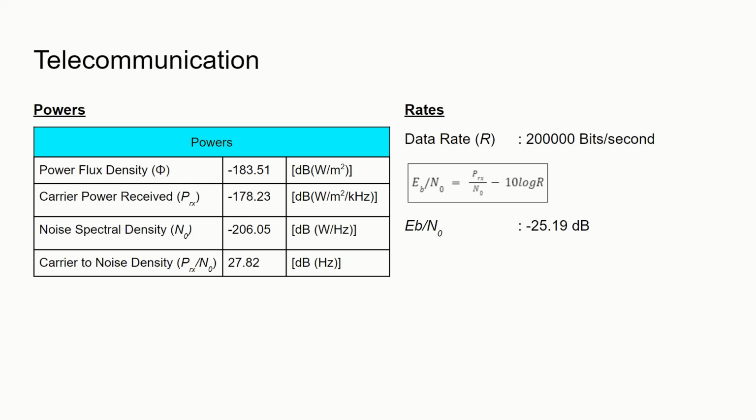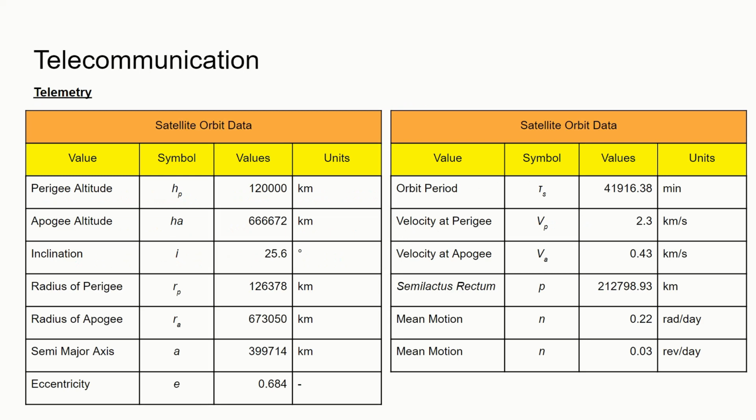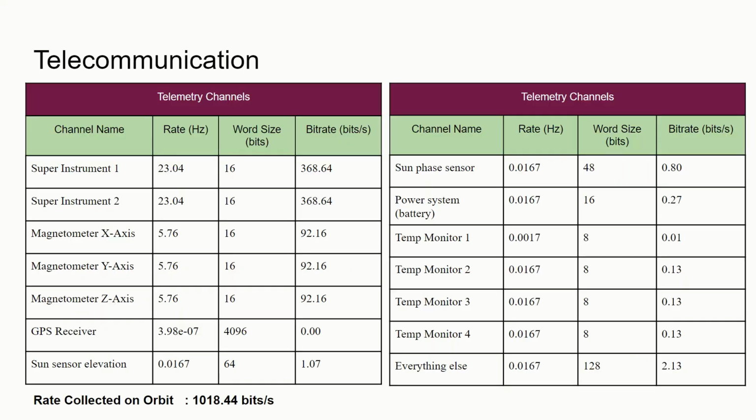Next. For the telemetry, we have the acquired satellite orbit data as follows. Due to lack of data, we've been using the CubeSat link budget as a reference example for the telemetry channels, with the following configurations.